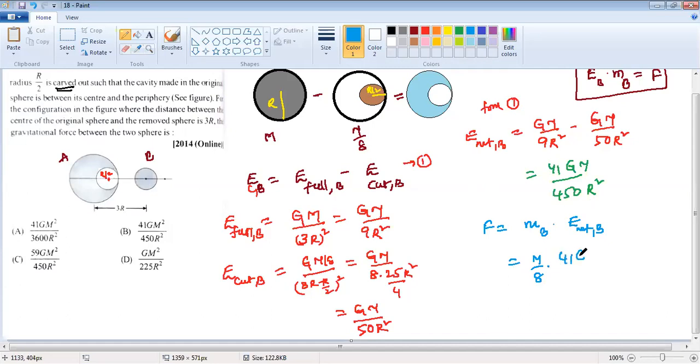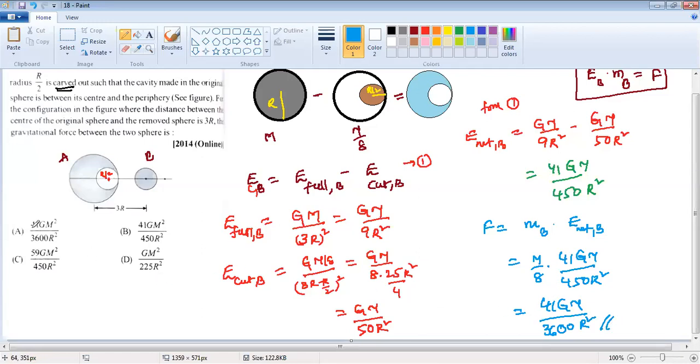This is 41 GM by 450r square. So the final answer is 41 GM by 8 into 450, which is 3600r square.